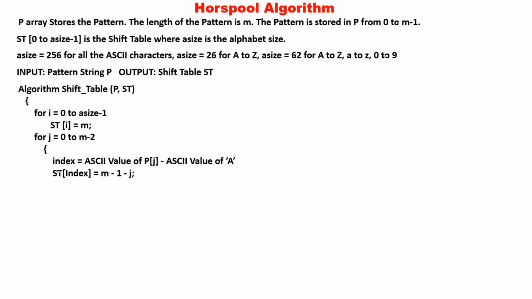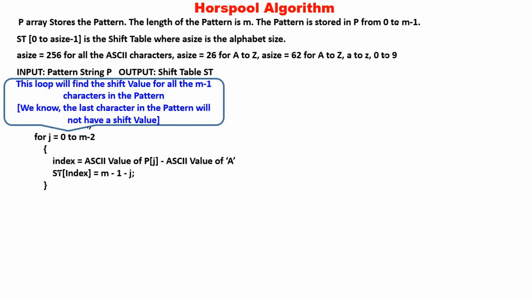So st of ASCII value of p of j minus ASCII value of A will contain m minus 1 minus j, because as the characters move to the right, the value decreases. Therefore it is minus j there.